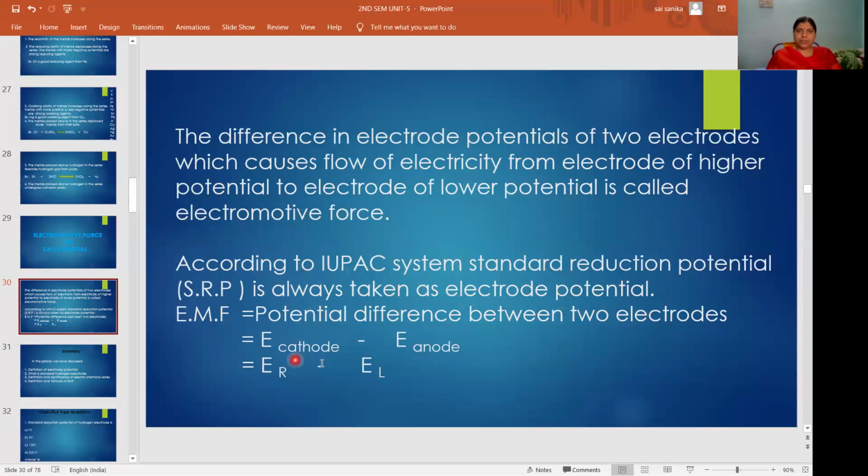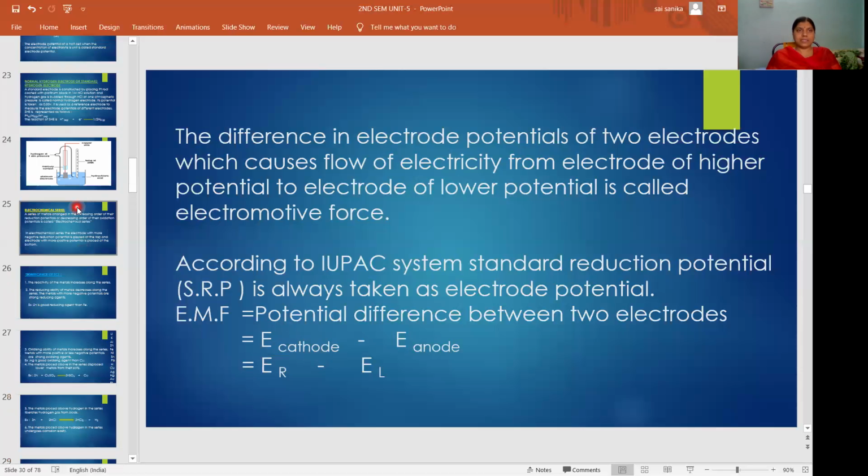That means electrode potential of cathode and electrode potential of anode. Here we have two electrodes, anode and cathode. So EMF is electrode potential of cathode minus electrode potential of anode, or you can say E right minus E left. You see the diagram here, the galvanic cell.